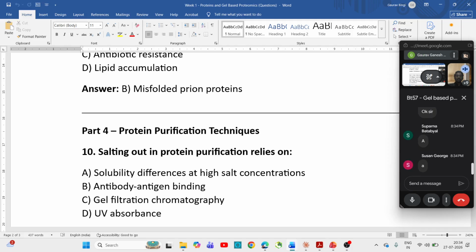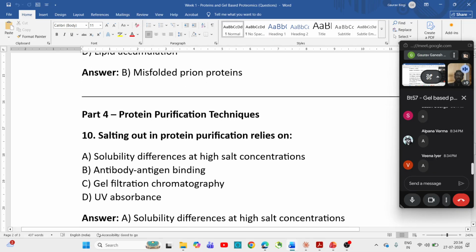We just talked about chromatographic techniques, but along with chromatography, one of the purification techniques is salting out as well. That basically depends upon the salt concentration and the charge of the protein. So this is about solubility difference at high salt concentration.